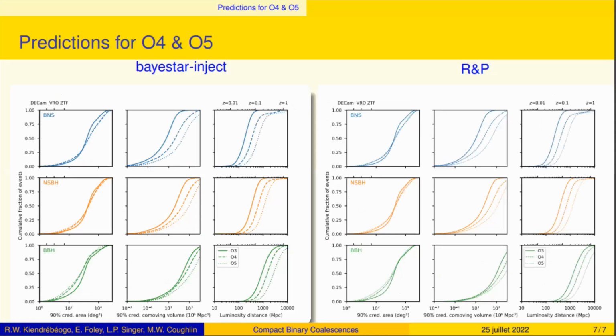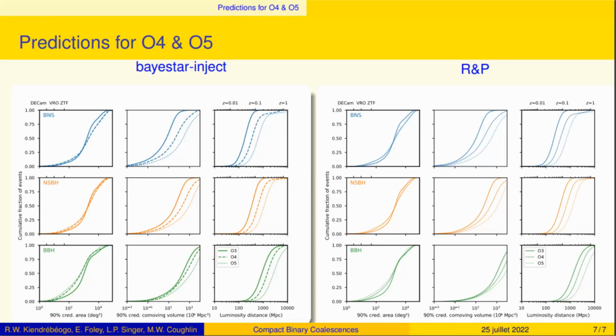And then we go to predictions for O4 and O5, comparing base star inject on the left here, and then the RNP here on the right. We see essentially plots of the fraction of these events. On the left, we can see again the credible area in degrees on the sky, the co-moving volume, and then the luminosity distance.